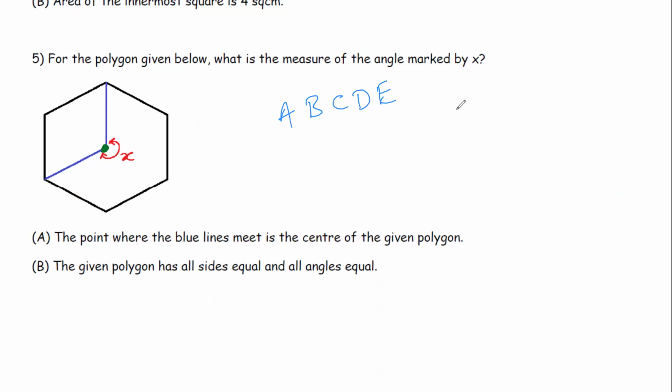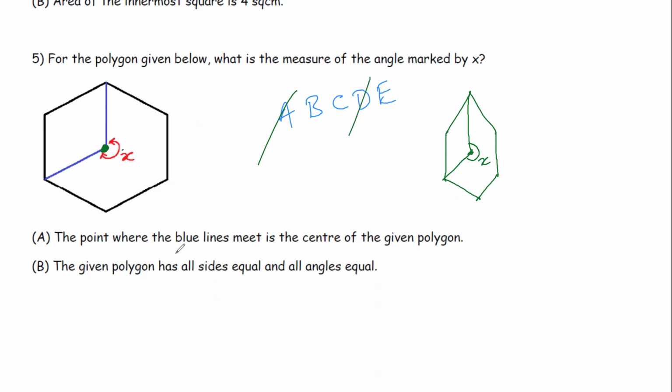So what I'm trying to tell you is that it could be something like this, and if it was something like this, then this angle versus this angle, you can clearly see the difference. Are you with me? So we wouldn't know exactly what the X would be with the first statement. So A is out.